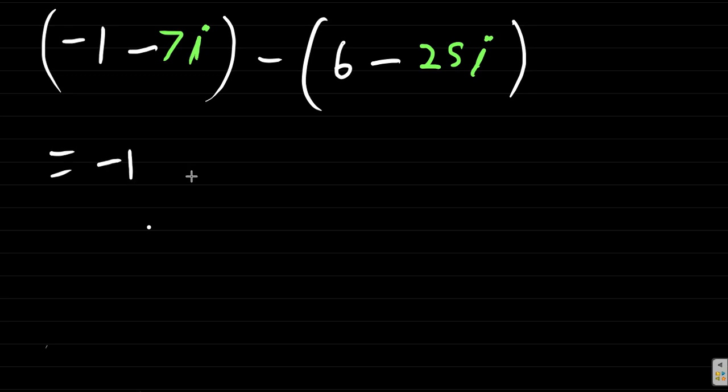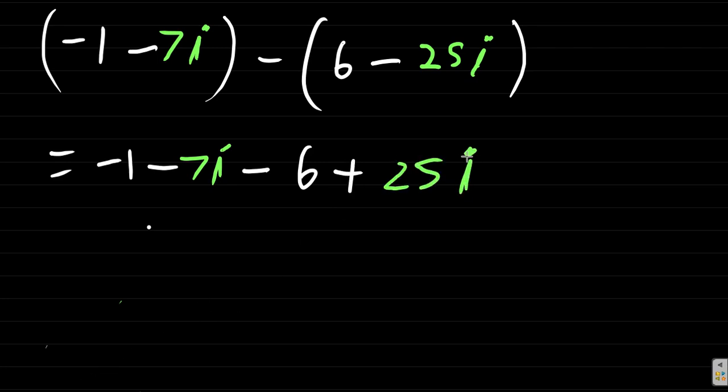We have negative 1 minus 7i minus 6. When you open the bracket, what happened here? It's like a negative 1 outside, you know. This is like a plus negative 1. The negative 1 times this. If you are positive, right? That's what happened. So you're going to have plus 25i. See that?